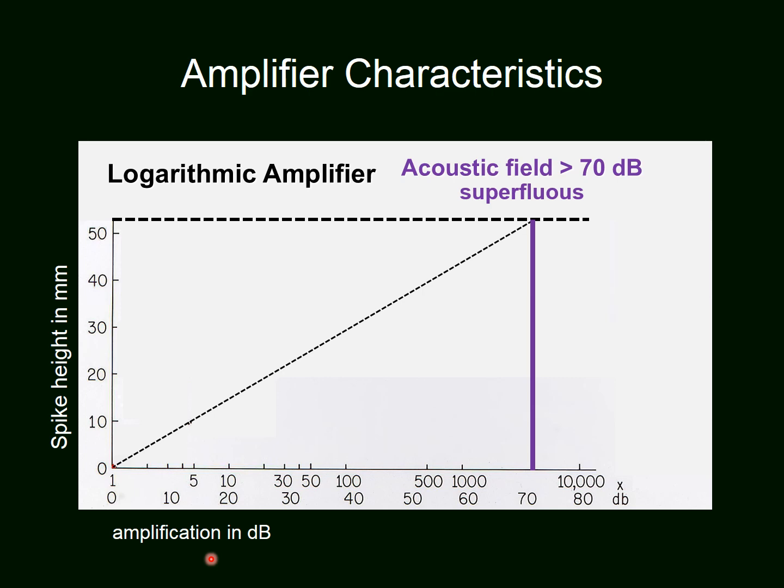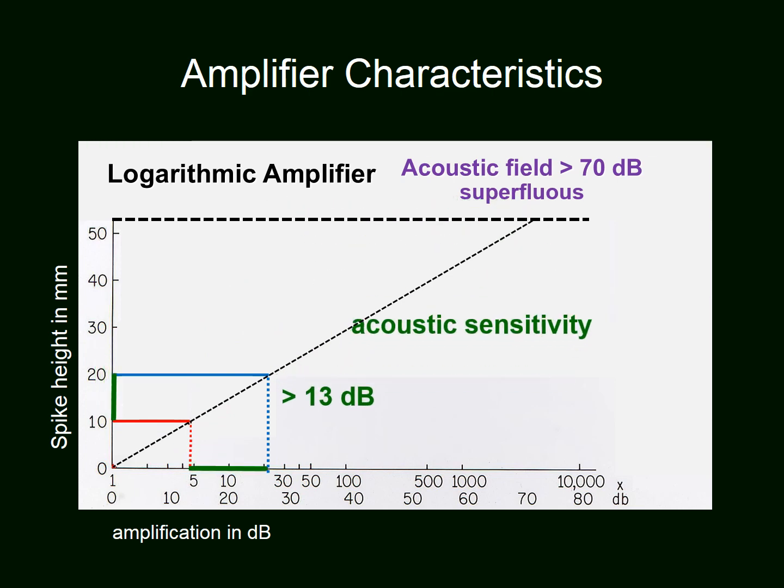As a matter of fact, in echography we would use only a third or less of the screen height during the examination because it's too much acoustic field. On the other hand, when we look at the sensitivity, raising a 10 mm to a 20 mm spike height requires more than 13 decibels, and that is a sensitivity that is insufficient.